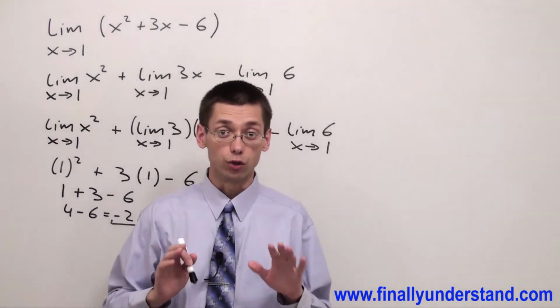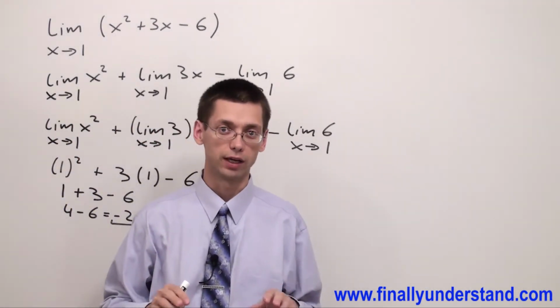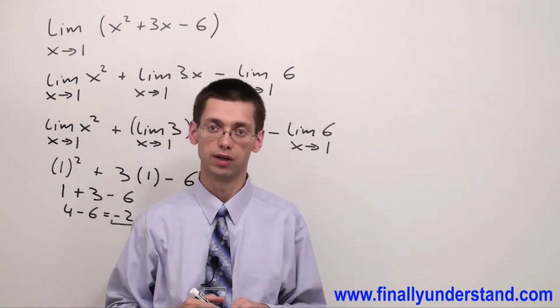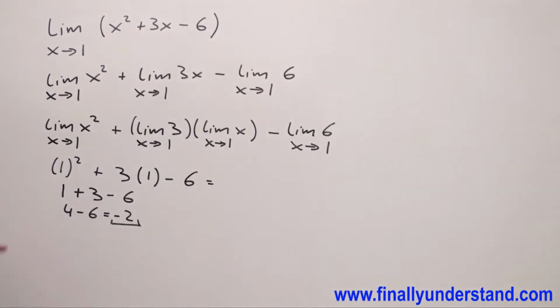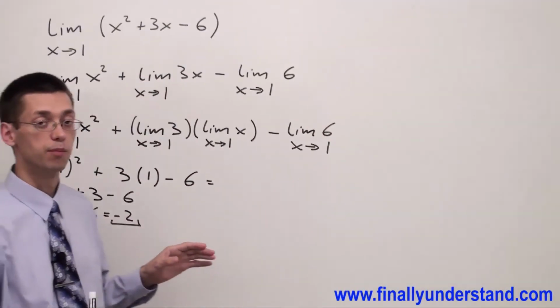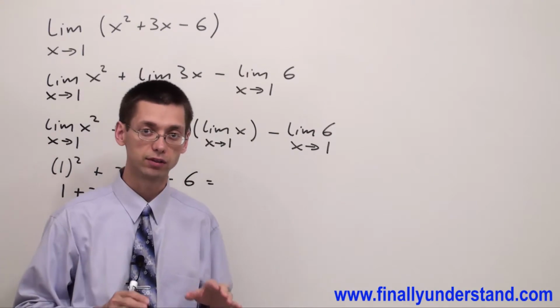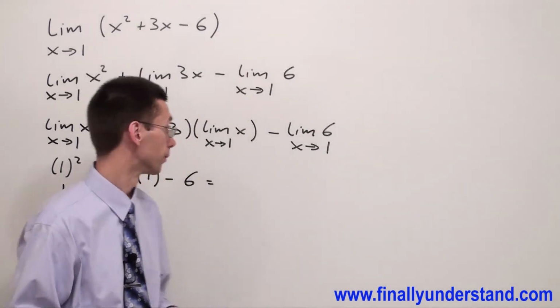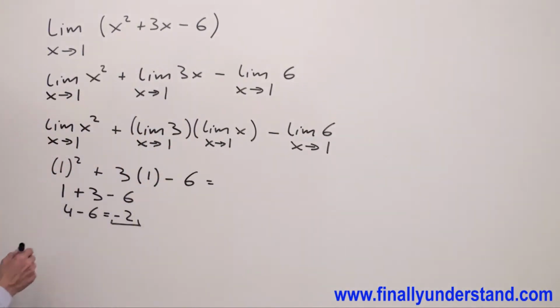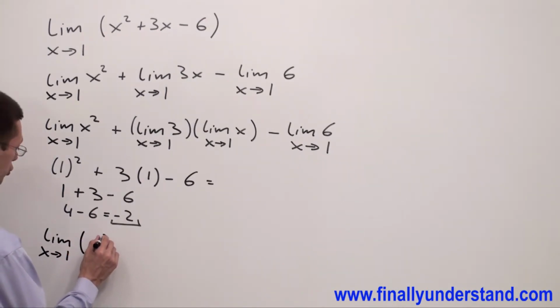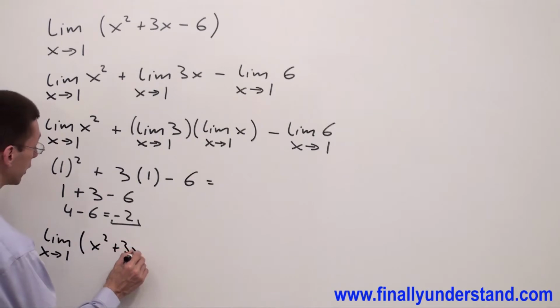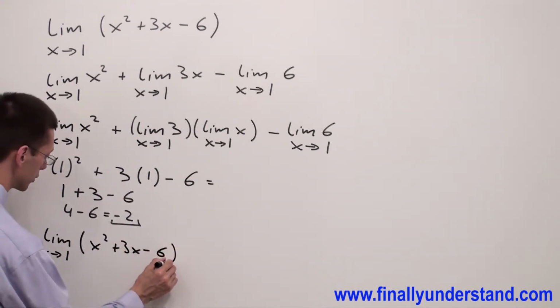we don't use this kind of notation when we solve limits. There is a much shorter way to do it, but I just explained what is behind everything I'm going to do right now. So we have again the limit with x approaching 1 of x squared plus 3x minus 6.